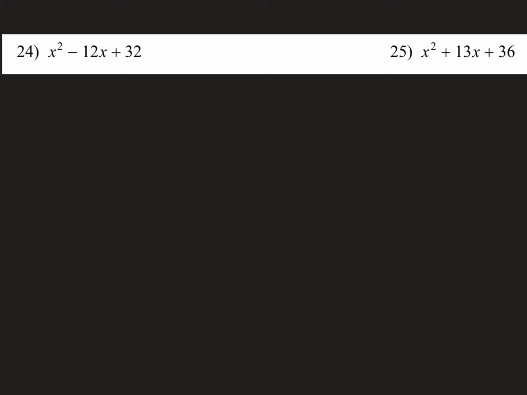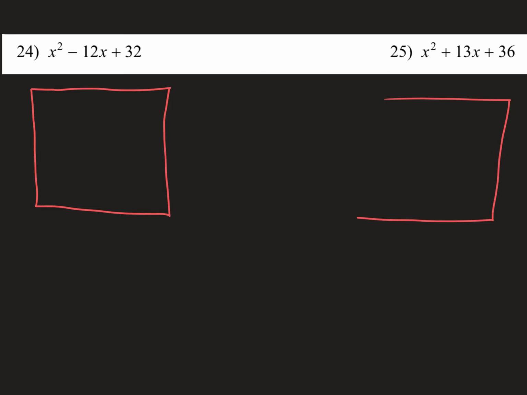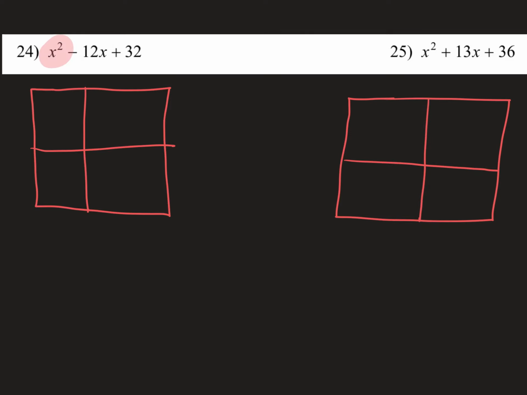Okay, so draw 2 boxes, 2 area models. And I'll just remind you, in the first box is that first variable. In the last box is that last constant.